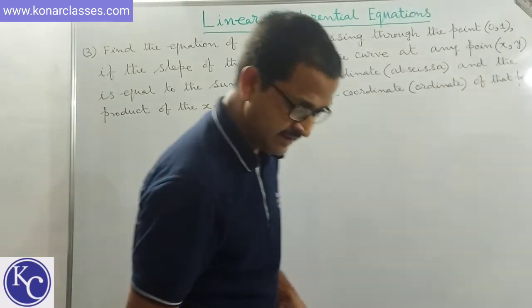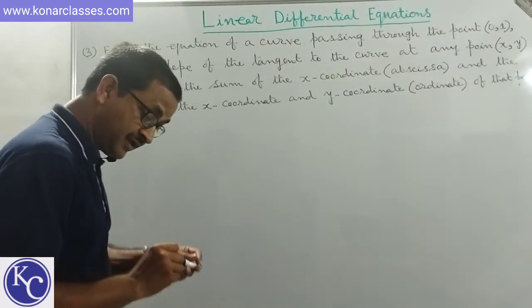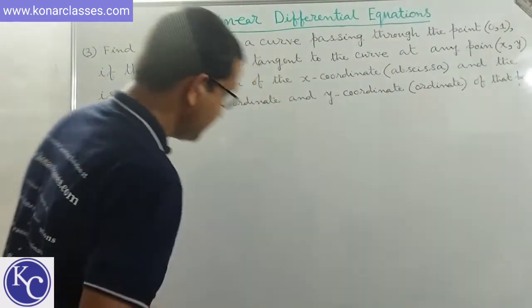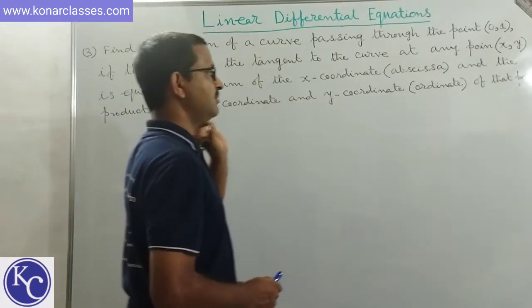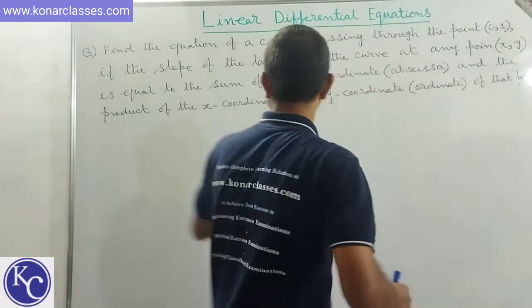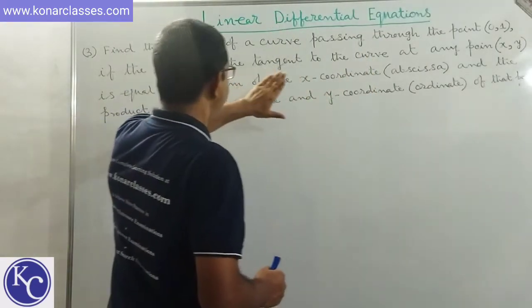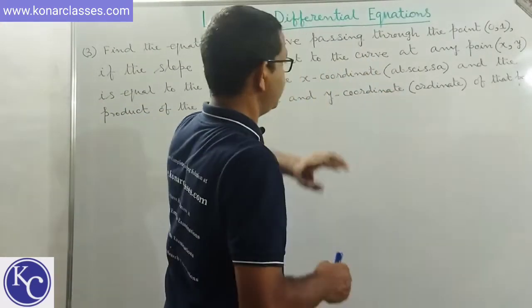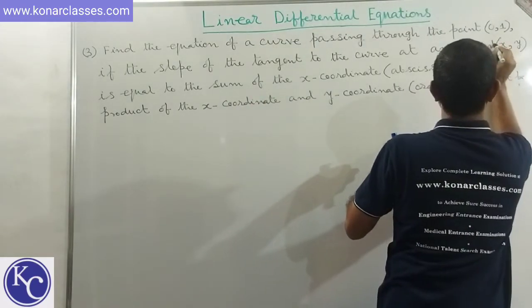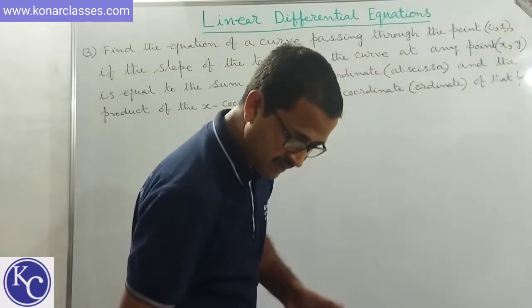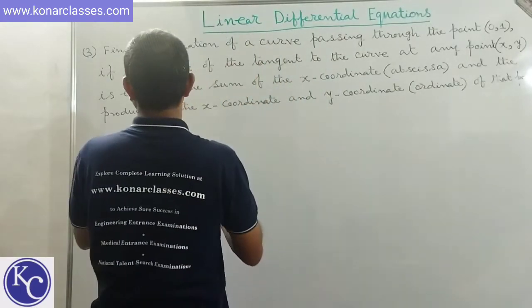Okay. So let us first understand the meaning of that question. Find the equation of a curve passing through the point 0, 1, if the slope of the tangent to the curve at any point x, y. What is the meaning of this particular statement?